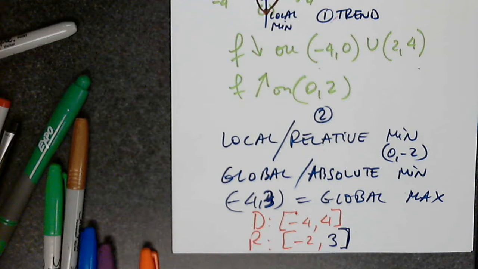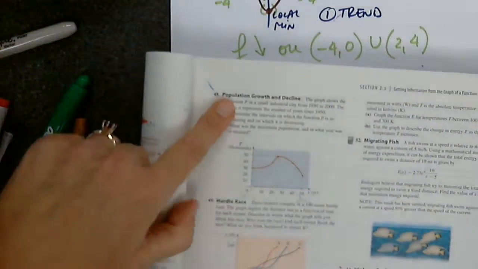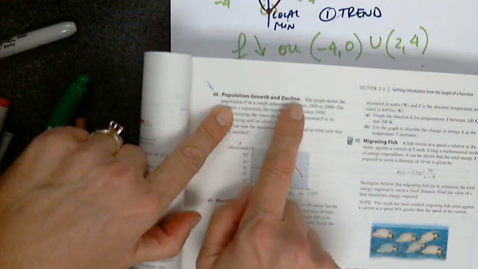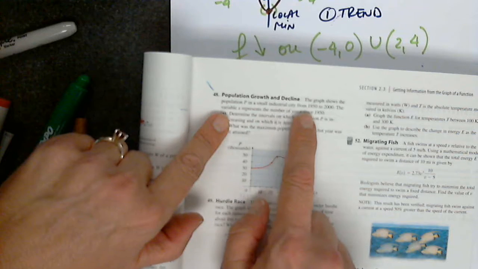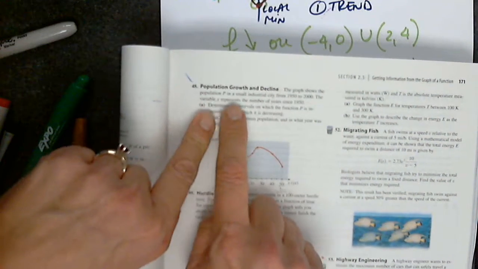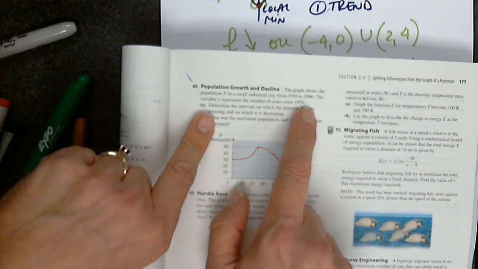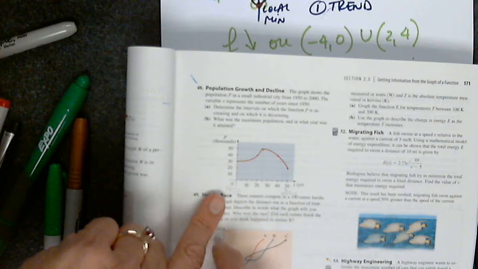Okay. I do have just 1 minute. I'm going to ask you for this graph on 48, population growth and decline. The graph shows the population P in a small industrial city from 1950 to 2000. The variable x represents the number of years since 1950. Determine the intervals on which the function P is increasing.